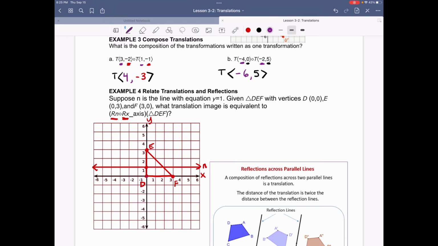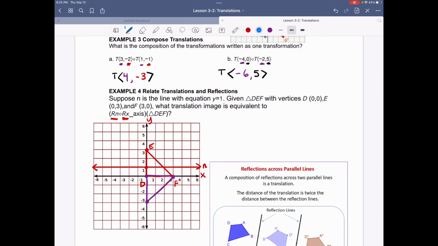And since D and F are already on the x-axis, they're not going to move, but E is 3 away, so E is going to come down here. And we have that triangle, and now we're going to reflect that triangle. Change my colors. We're going to reflect that triangle over line n.